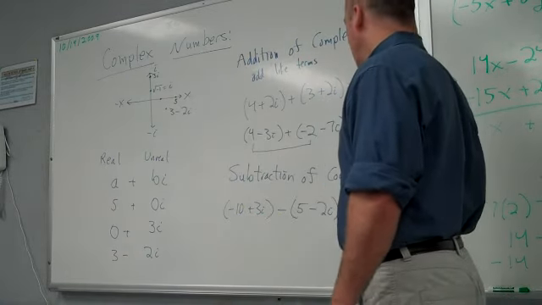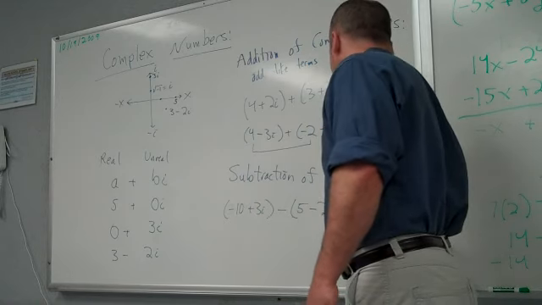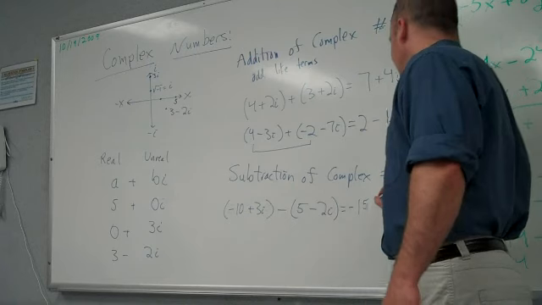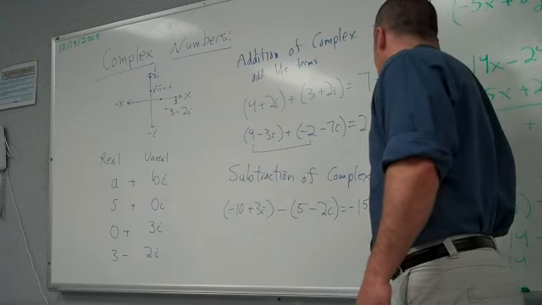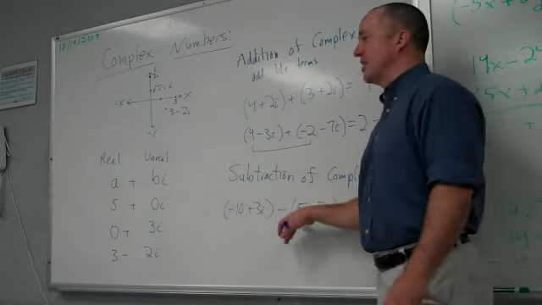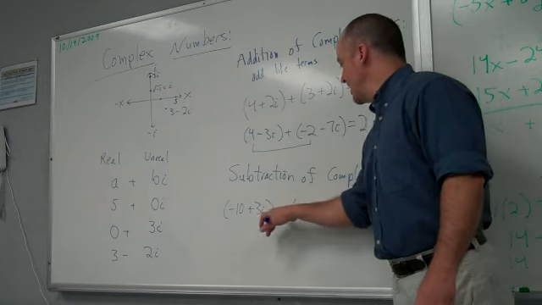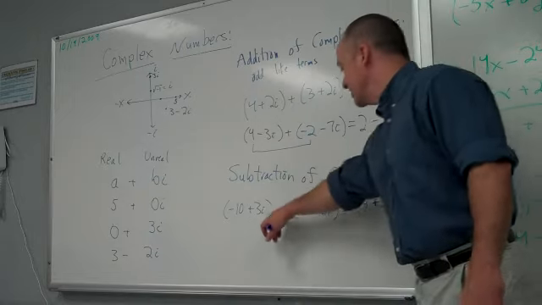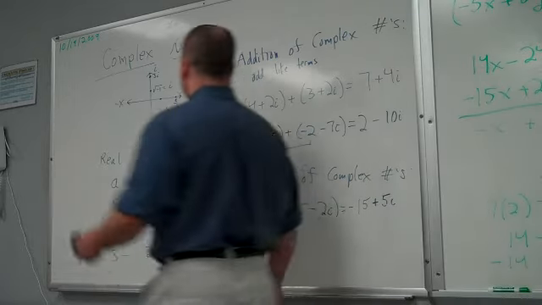Negative 5. Ooh. Negative 15. Good save, Saul. And now what is 3i minus negative 2i? 5i. Does everyone agree with Saul's enthusiastic answer? Sure. Yes. Subtracting like terms. And we're being careful to distribute the subtraction. So that's why 3i minus negative 2i is how we work that out. We're distributing this act of subtraction here.